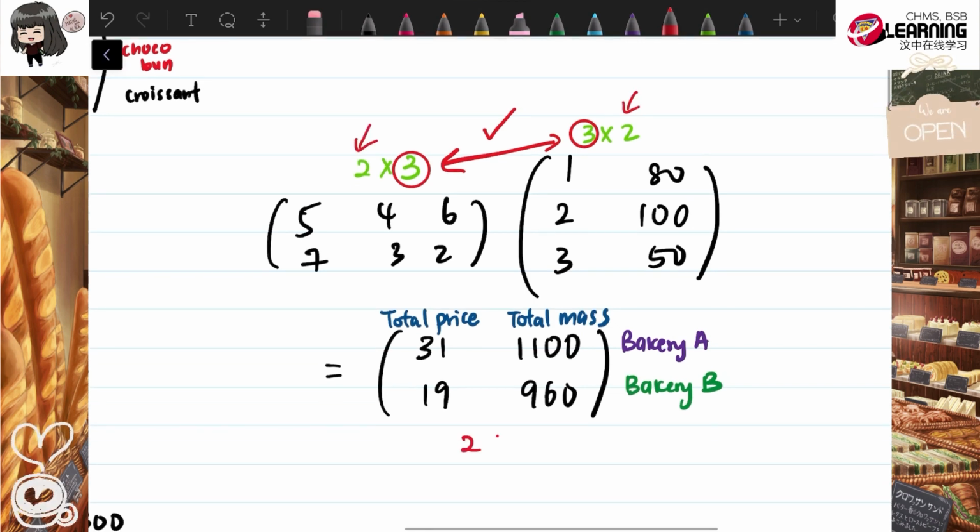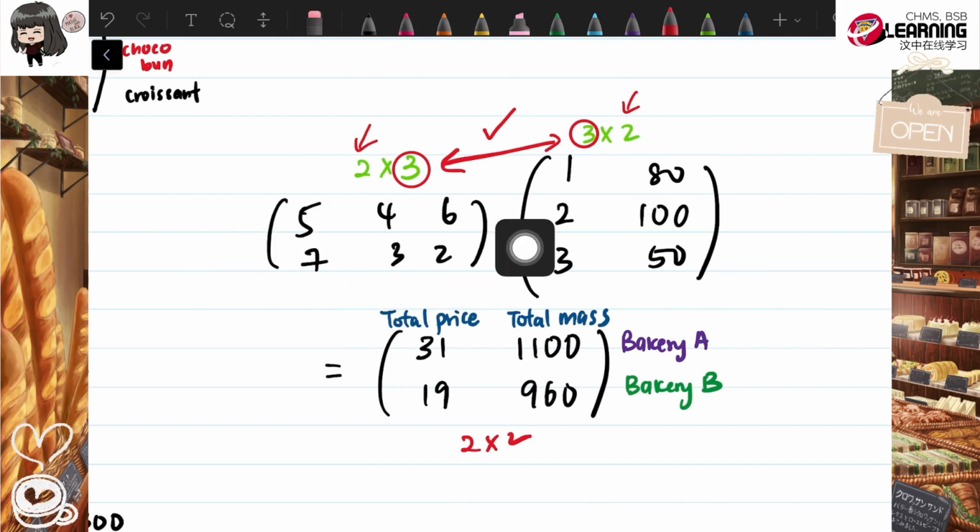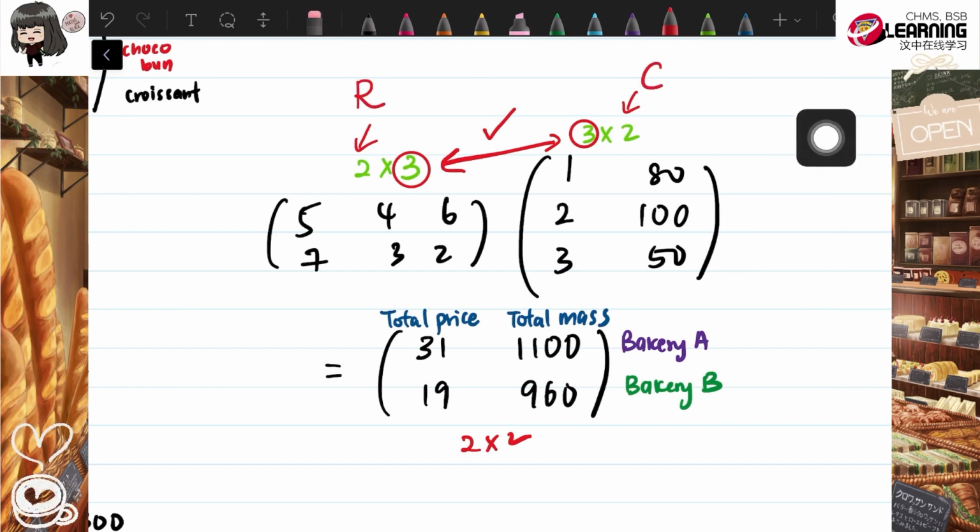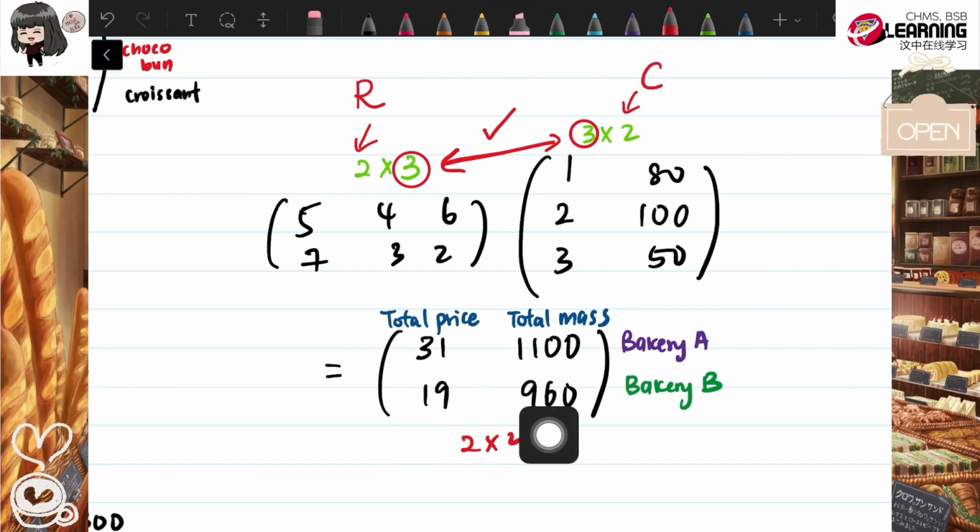That's because it comes from the row of this matrix and the column of this matrix. Remember, this is the row, this is the column. So the answer depends on the row from here and the column from here.